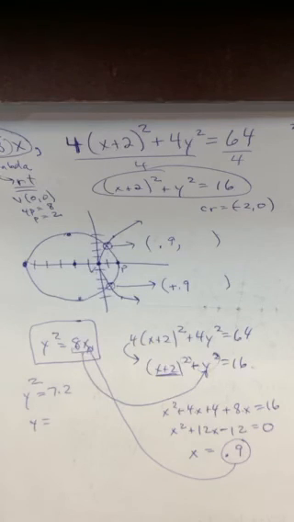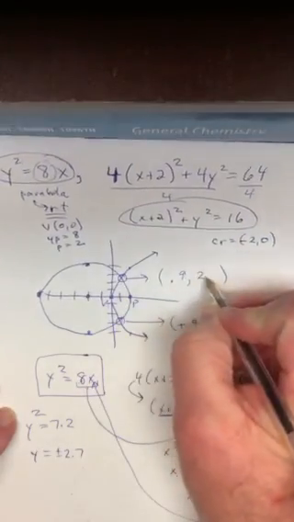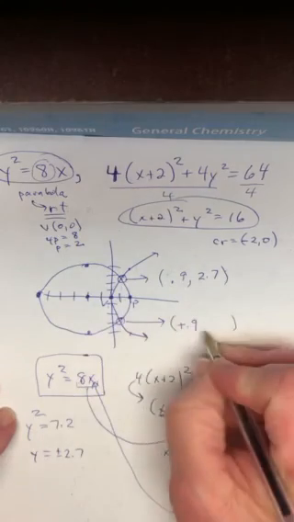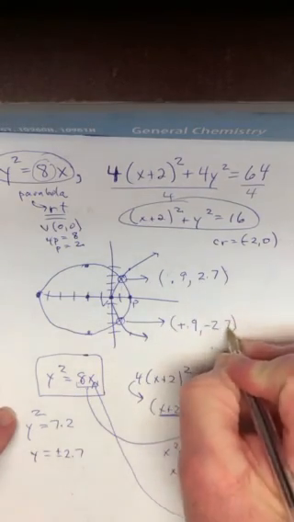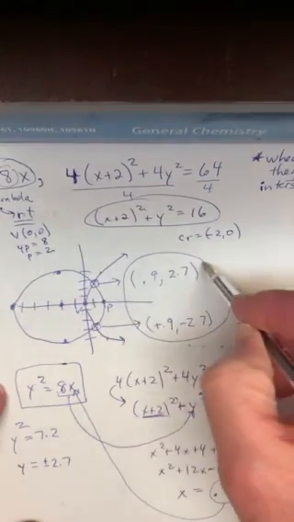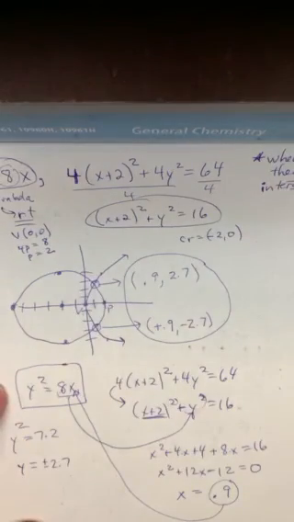We end up with 2.7. So this would be up 2.7, which certainly looks correct. This point would be down at negative 2.7. And we were able to calculate the two places where the circle and the parabola actually intersected.